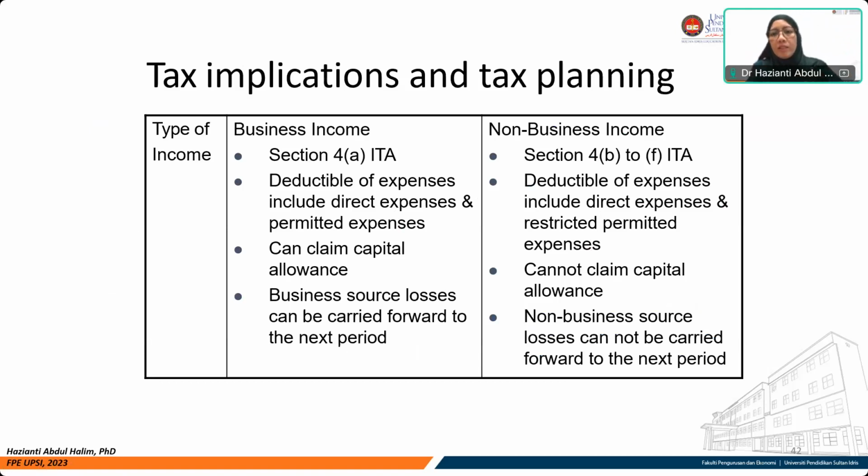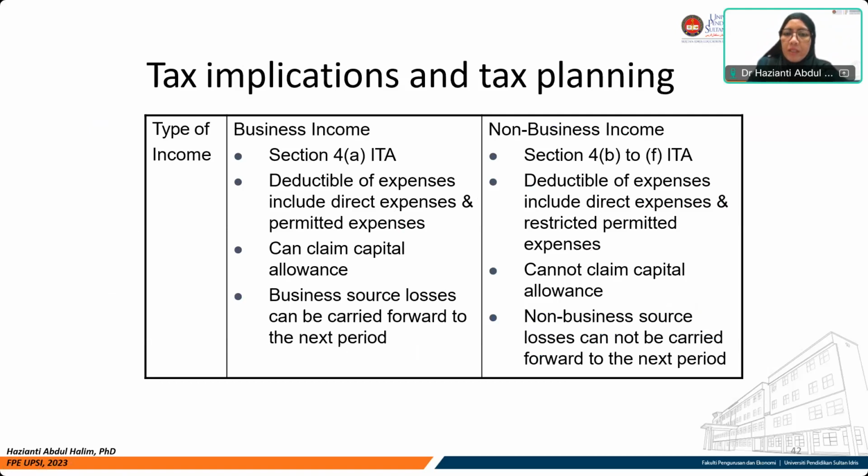Right, for non-business income, section 4B until 4F. So this is actually basically what we learned so far, section 4A until 4F. So we can plan based on the different types of income. So under 4B until 4F, also there are deductible of expenses, include direct expenses and the permitted expenses.